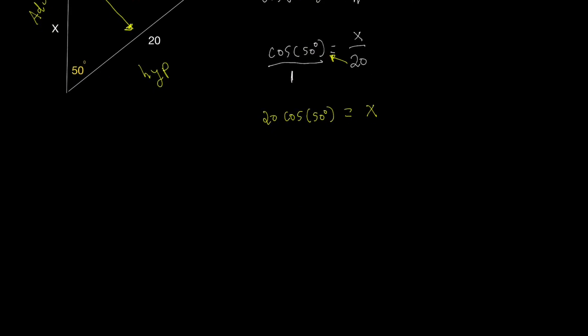Here there's nothing to do other than to simplify the left-hand side. In some of the problems you may be required to do a little bit more algebra in order to isolate x, but here this comes out pretty clean. Inputting this in the calculator, I'm getting an approximation of 12.86. And there you have it.